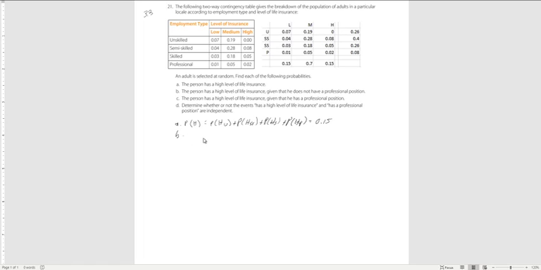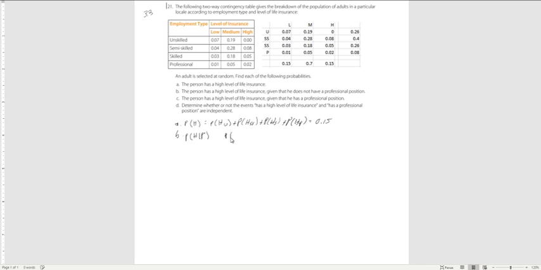Okay, so B. Now we're going to look at the probability of high level of insurance, given that he does not have a professional position. So in this case we want the probability of high given the complement of professional. This is one where we have to look at the equation again.